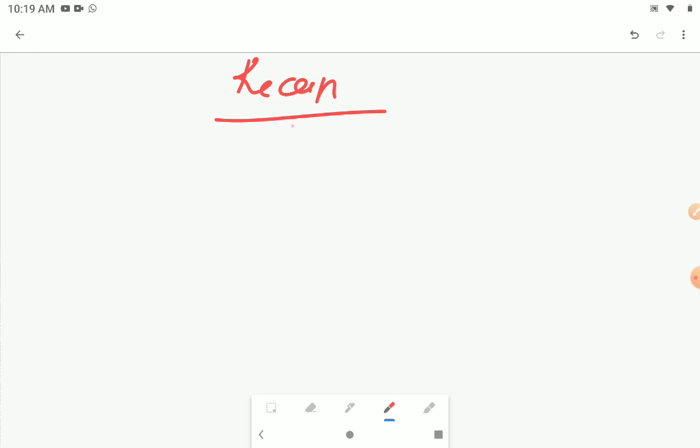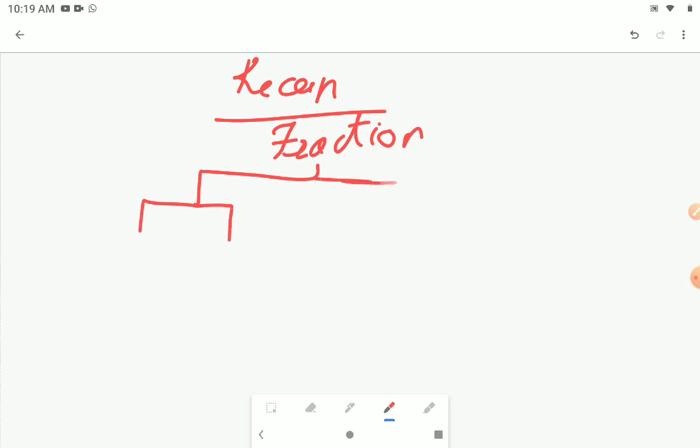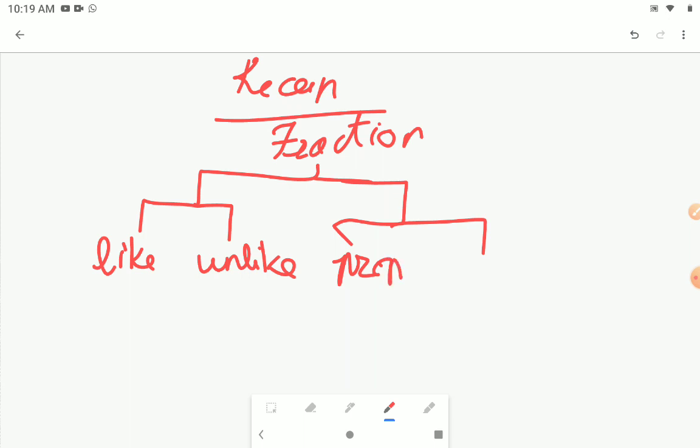We learned today what a fraction is. How many types of fraction did we learn? We learned two types of fraction: like, unlike, proper, improper.